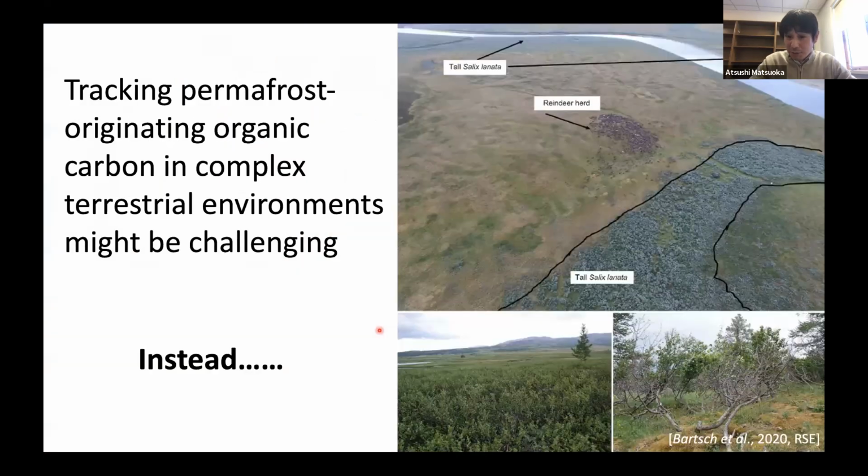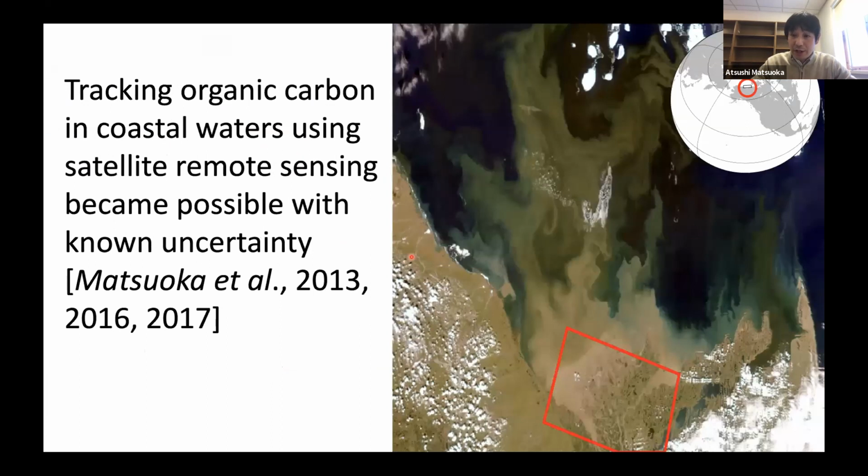However, over the land, because of the complexity of the vegetation and soil type, as you can see in these pictures, it might be challenging to track the permafrost-originating organic carbon. Instead, tracking organic carbon using remote sensing data in the coastal waters with known uncertainty became recently possible. So this is the main tool that I'm gonna talk about.